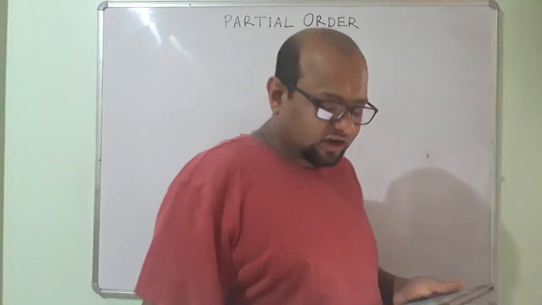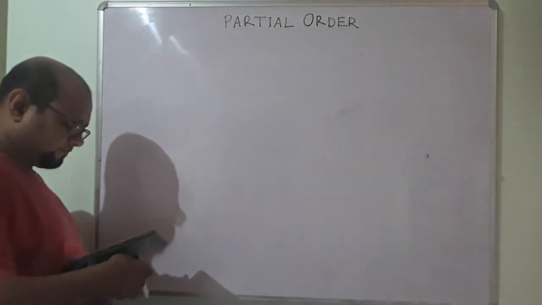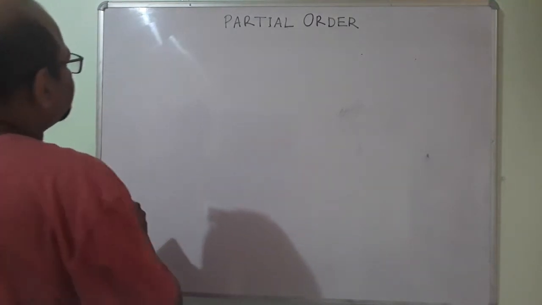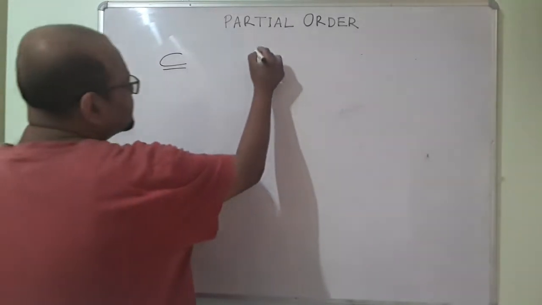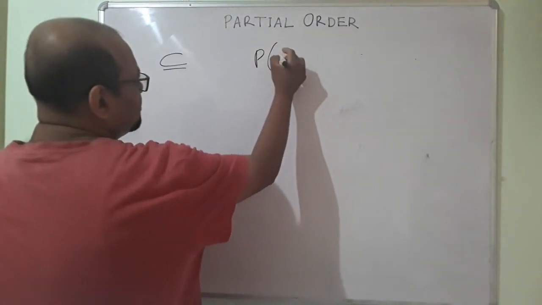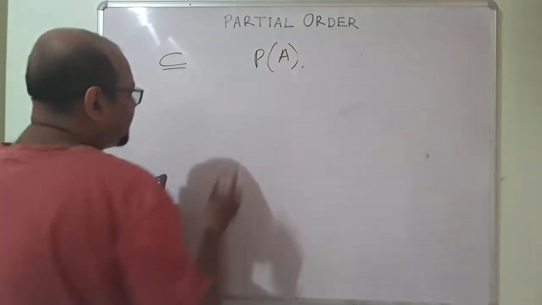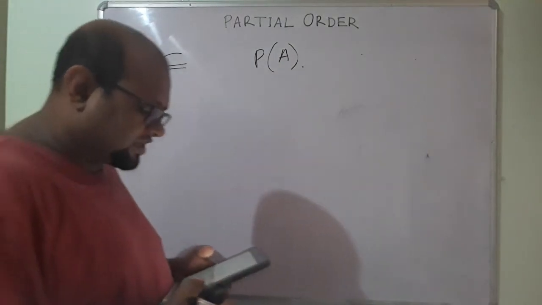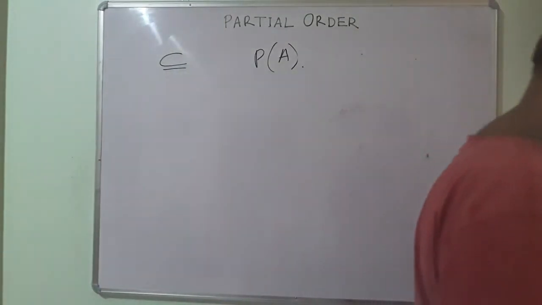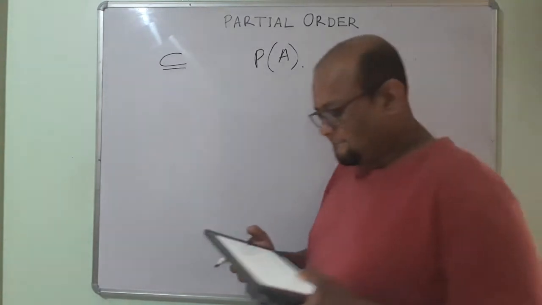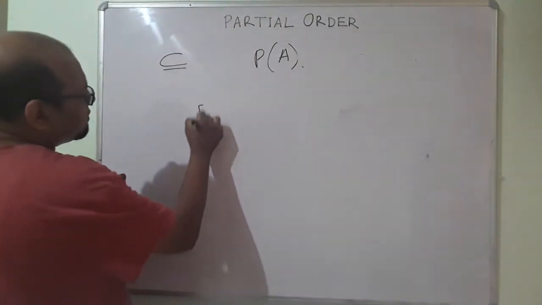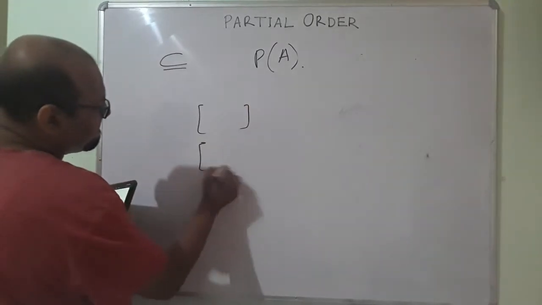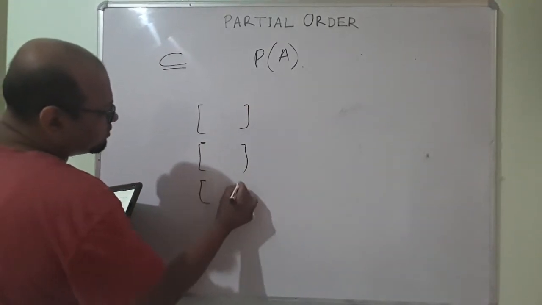Next, let us try to figure this out. This operation, subset, on the power set of some set, say A. Is this a partial order? I hope you understood the question.